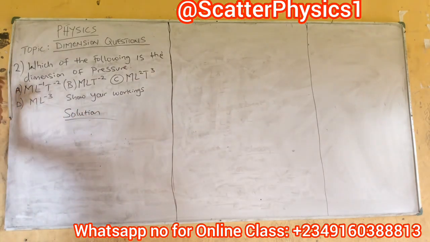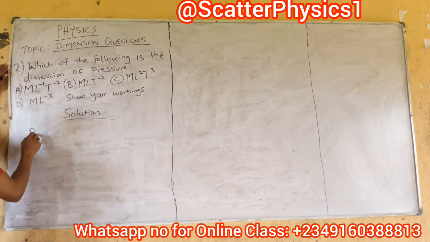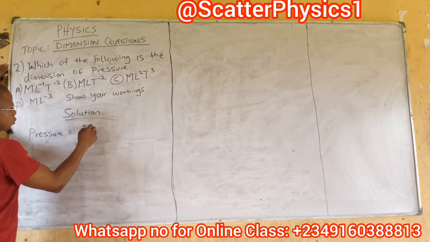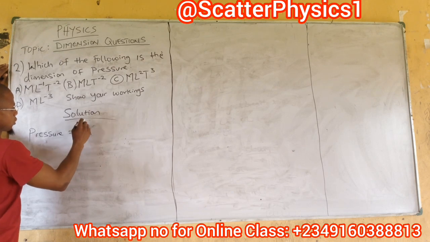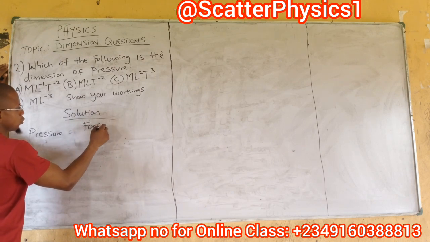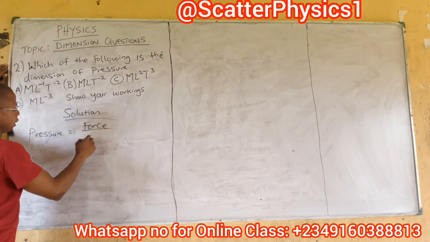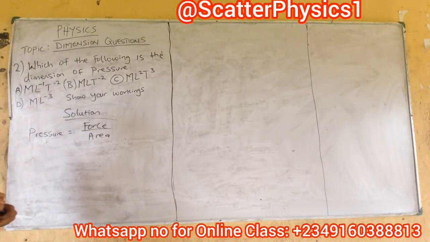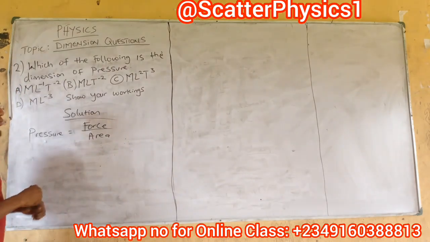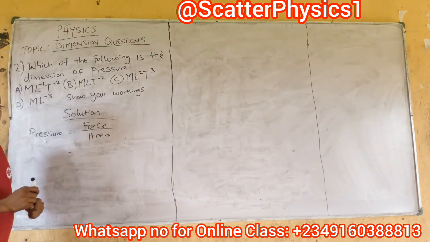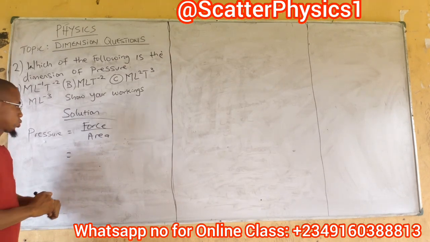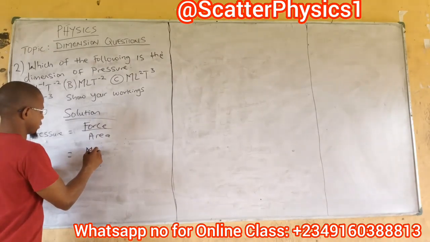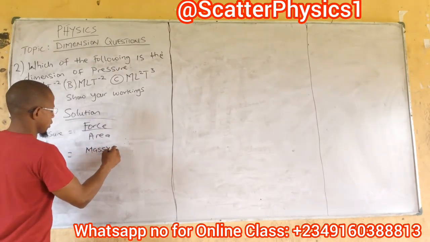Formula for pressure is equals to force over area. And under this force, we have the formula for force, which is MA, that's mass times acceleration.